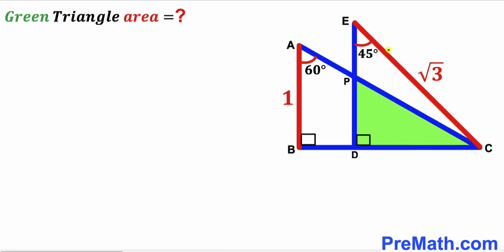Moreover, angle BAC is 60 degrees, whereas angle DEC is 45 degrees, and P is the point of intersection. Our task is to calculate the area of the green shaded triangle CDP.